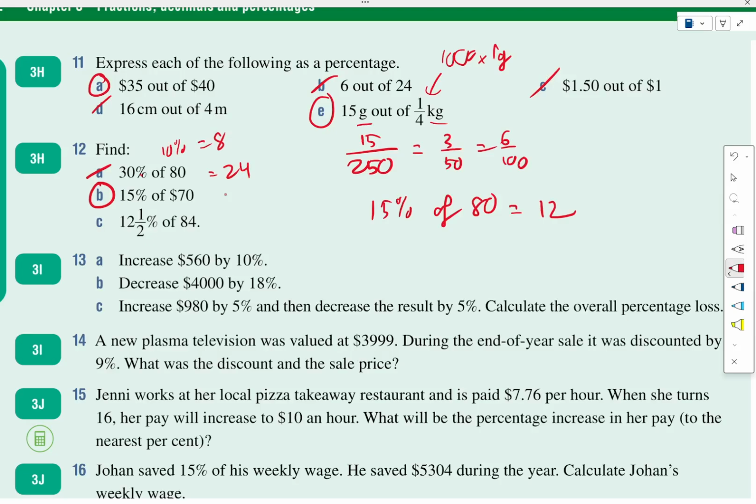12.5% of 84. Bit of a trickier one. I think this one is probably a paper question, because the number is not very nice. So let's just work that through.